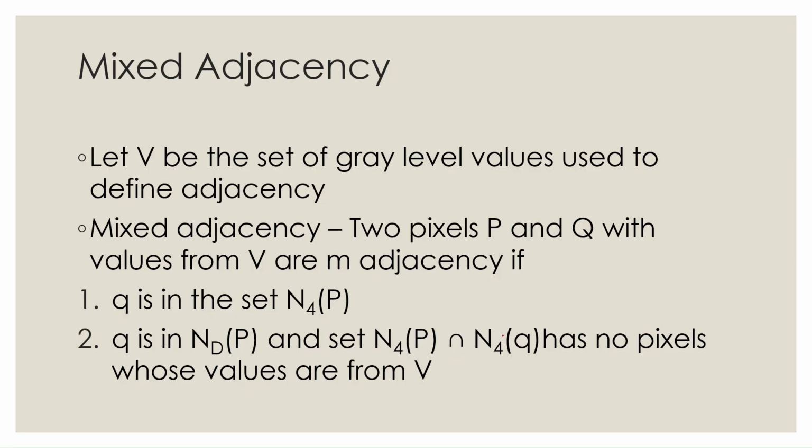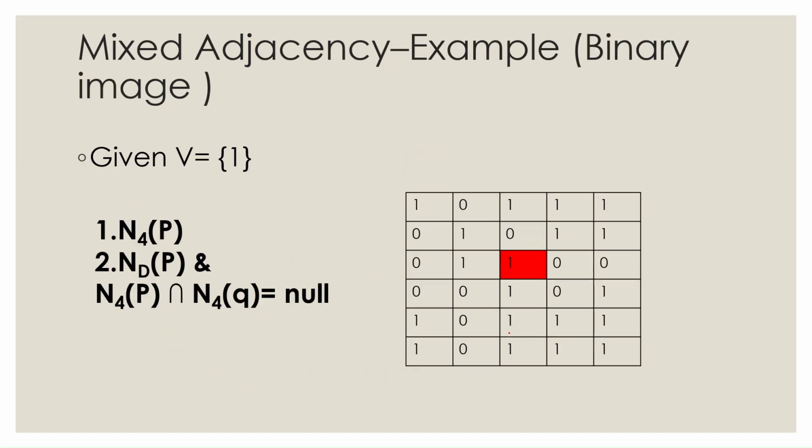So let us understand this one using an example. In this mixed adjacency, let us take a binary image. So this is a given image. Let us consider the center pixel P. The given value of V is 1. Now we take the first 4 pixels.